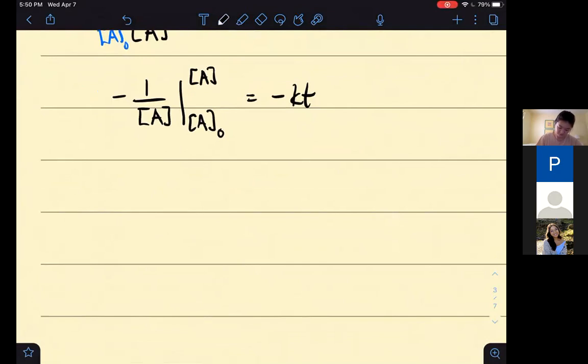If you plug these in, we will get this: 1 over A minus 1 over A0, the initial concentration, equals kt.